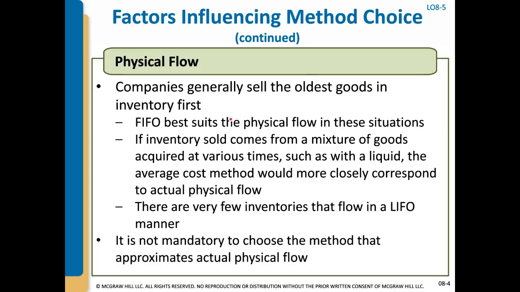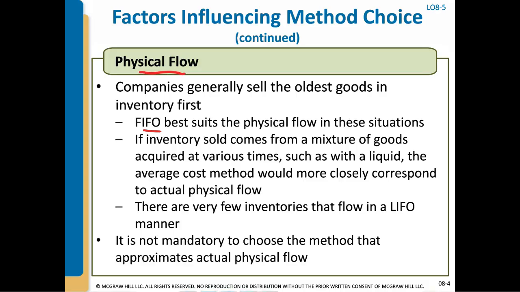So why do companies choose one method over the other? Well, one is they want to match the physical flow of goods, even though that is not necessary, meaning it's not required. But in general, companies usually sell their oldest goods in inventory first, which matches the FIFO flow of the physical goods.